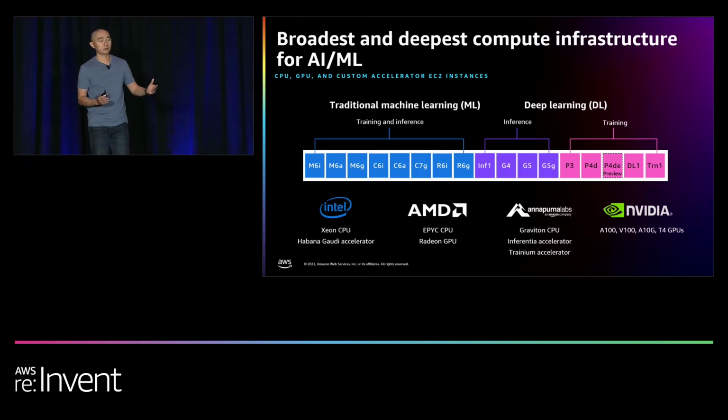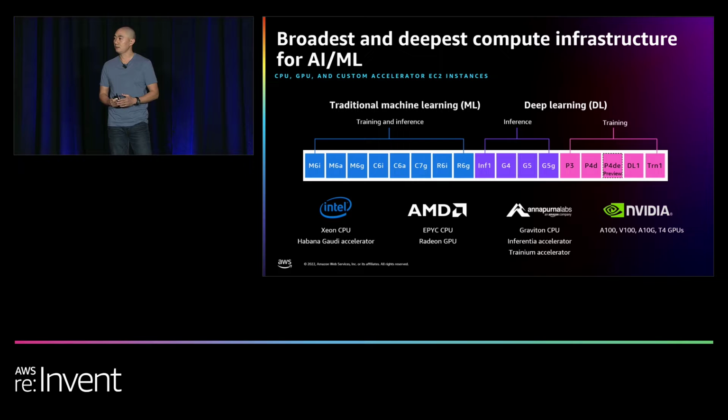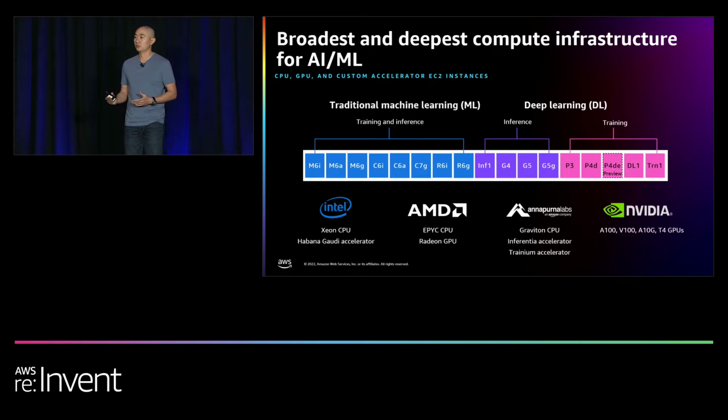In the portfolio we have multiple instances powered by CPUs from Intel and AMD, by GPUs from NVIDIA and AMD, and also custom accelerators from either AWS's Annapurna Labs and also our partner Intel Habana Labs.